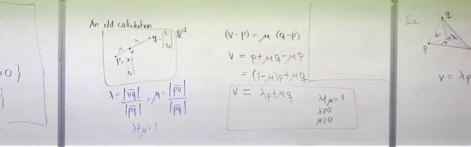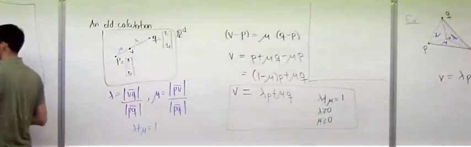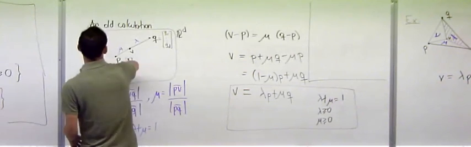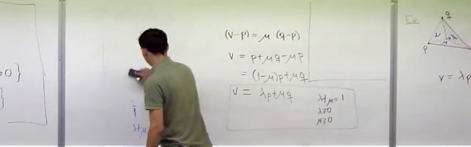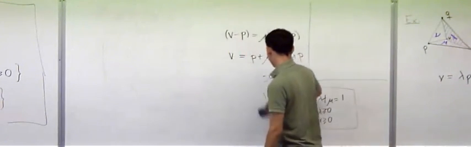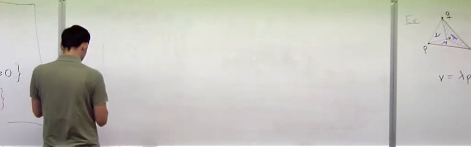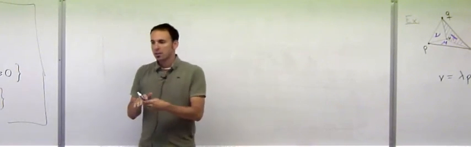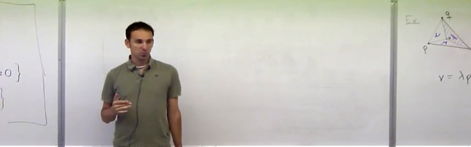Okay, so now we have a definition of what a polytope is. And we have this, which is good. And now I want to say something else. Maybe the next thing that I would like to say is the following: remember that when I say polytope, I mean convex polytope.